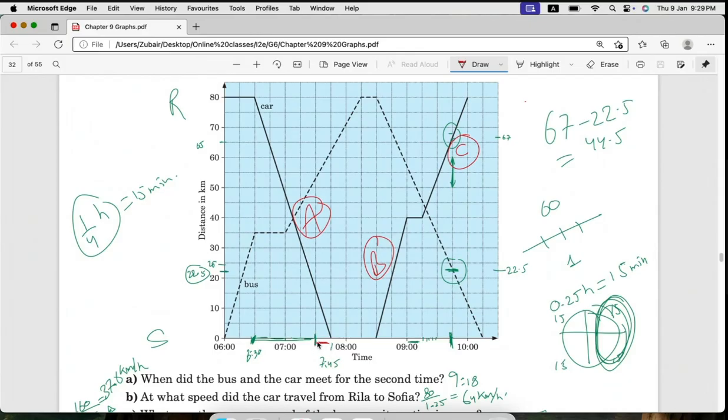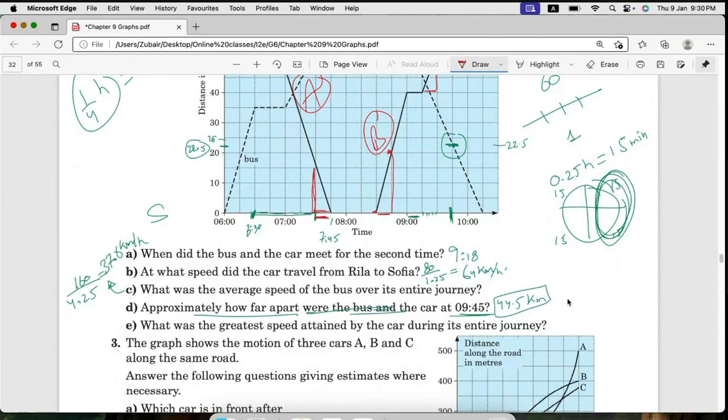See, this is one box and three boxes. One and three. The slope. In this it is one and four. This is one and less than three. So definitely B is the steepest. It's covering 20 kilometers if I just take these two in 15 minutes. So that's 20 kilometers in 0.25 hours, making it 80 kilometers per hour.